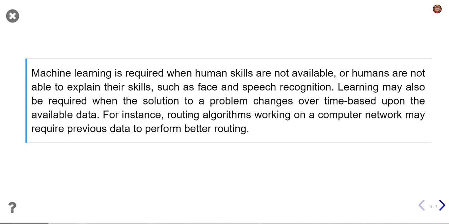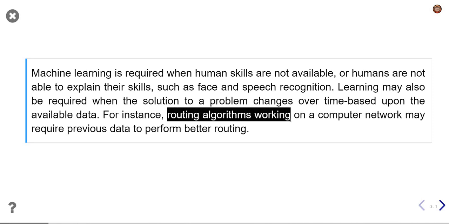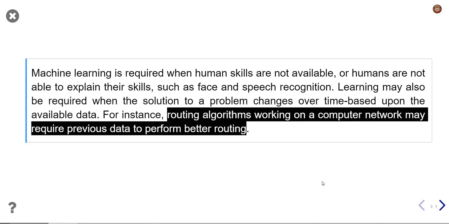So for example, routing algorithms may require the previous data to perform better routing. Of course, here it mentions computer networks, but if you look at your Waze, for example, how does it do the rerouting and things like that? You use this AI in the background to recalculate, to make sure that you spend less on toll and also reach your destination in minimal time.